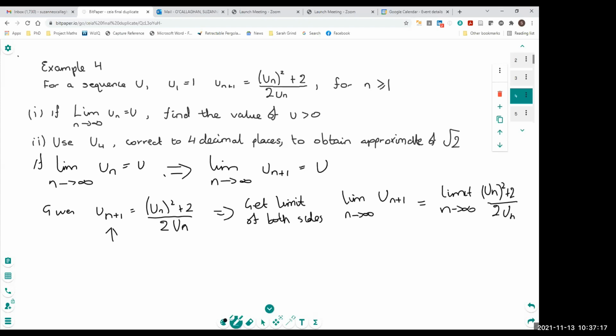We know that the limit of u of n plus 1 is u, and that's equal to the limit of u of n squared plus 2 all over twice the limit of u of n.